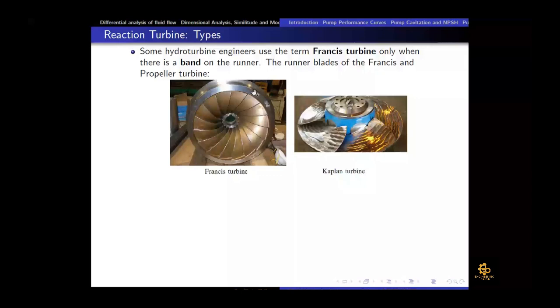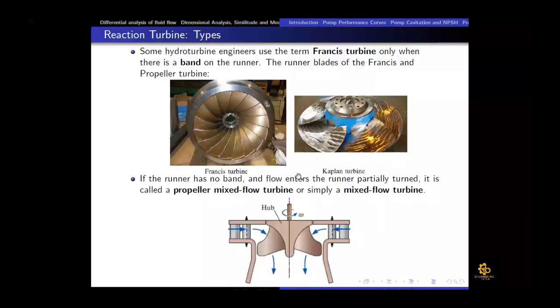If the runner has no band and the flow under the runner is partially turned, it is called a propeller mixed flow turbine, or simply a mixed flow Kaplan turbine. Here you can see that there is no band, they are not attached to the blade.